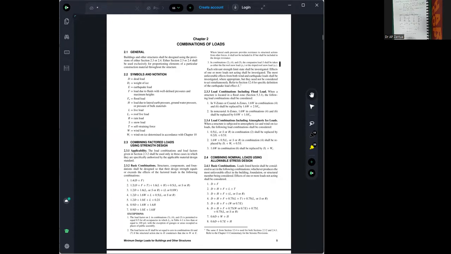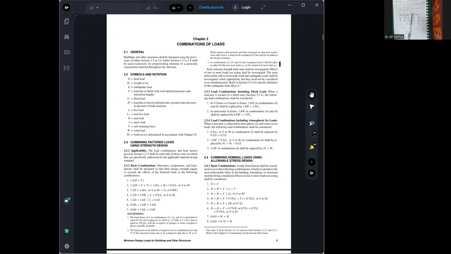So ultimate, therefore, is 1.2. I said a while ago that the dead load must be multiplied by 1.2 plus 1.6 times live load. So we can just multiply. Dead load is this one.